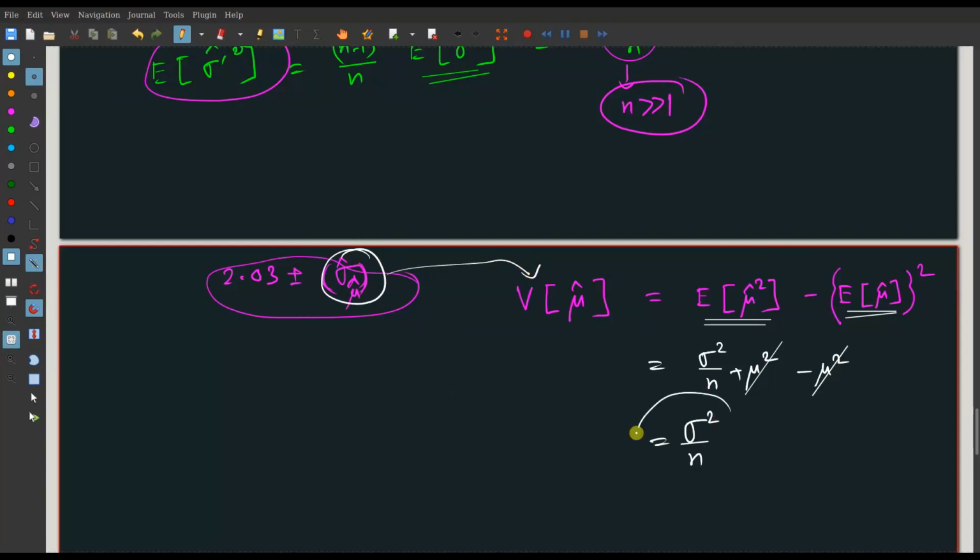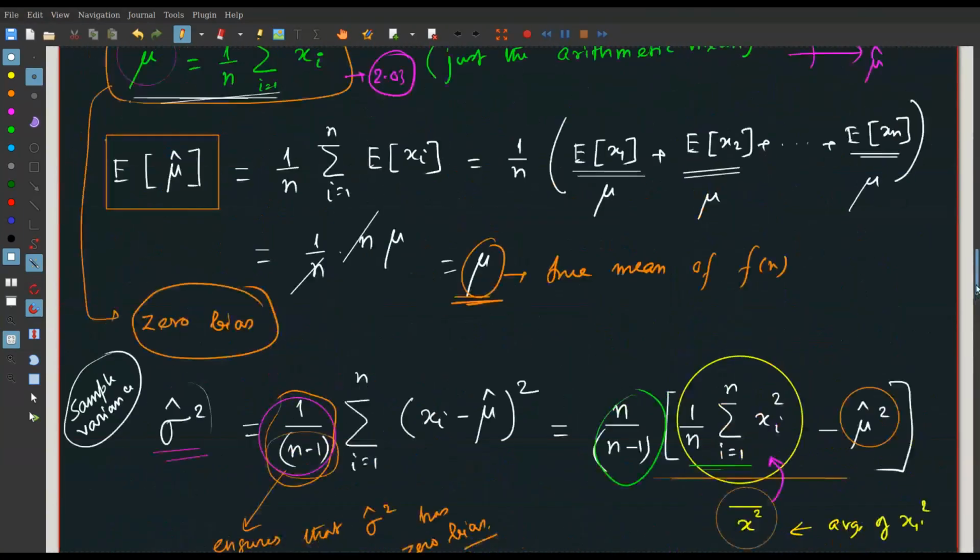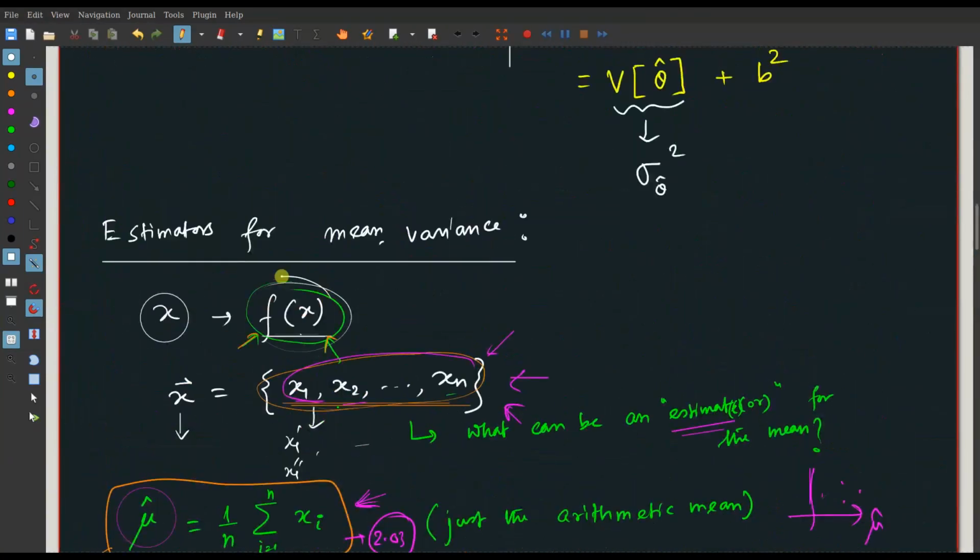There are two ways. One way you cannot control, and another way you can control. One way would be to reduce sigma square itself, the sigma upstairs. But this sigma is the property of the parent distribution, this fx, which you have no idea about. So this you cannot control.